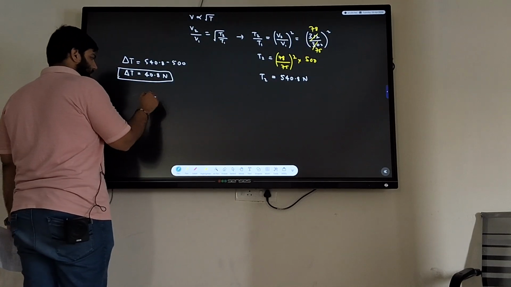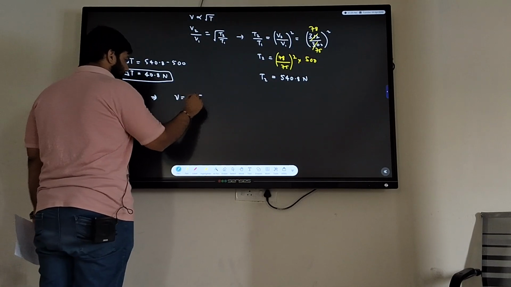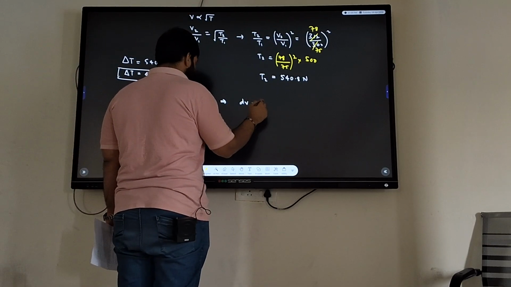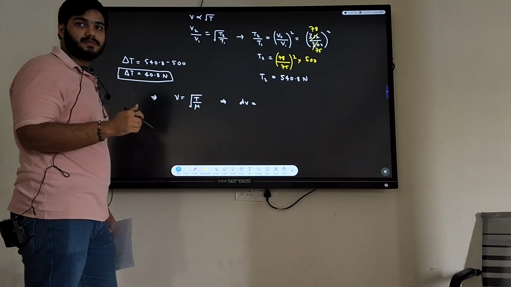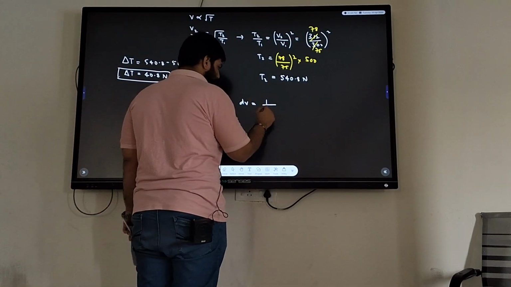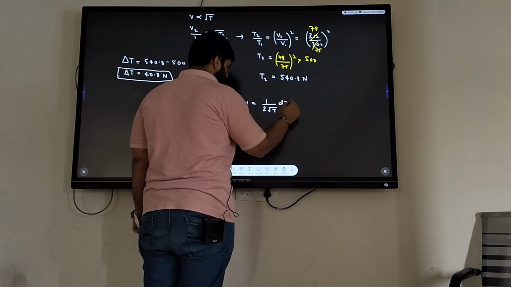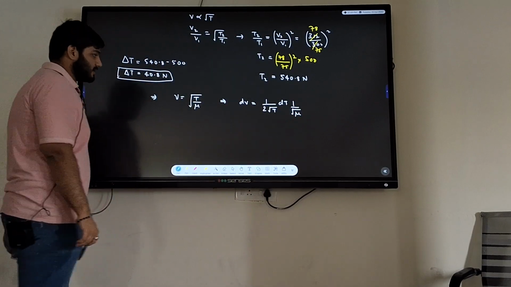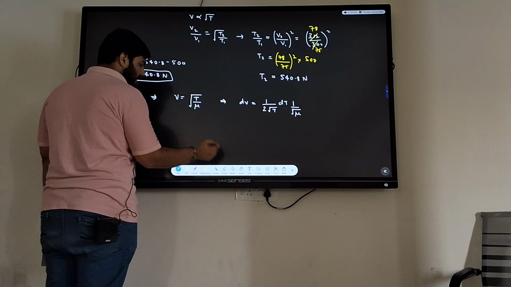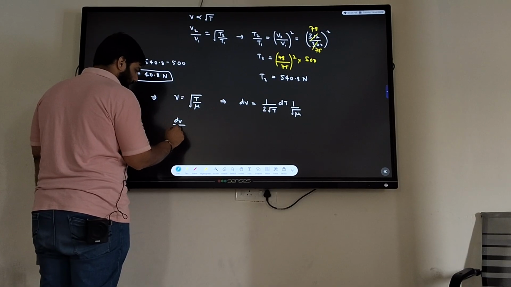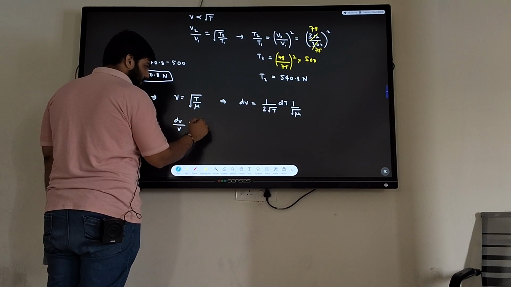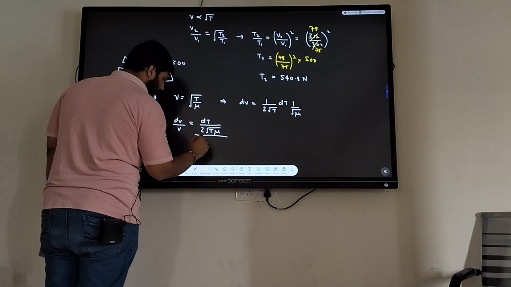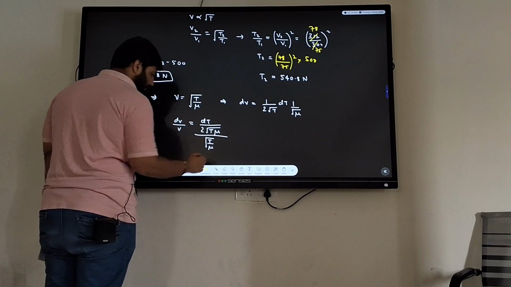What is the relation between V and T? V is under root T by mu. If I differentiate this, then what will I get? dV is equal to root T का derivative क्या आएगा? 1 by 2 root T, dT by root mu. Then if I divide dV by V, dV by V will be dT by 2 root T mu divided by root T by mu.